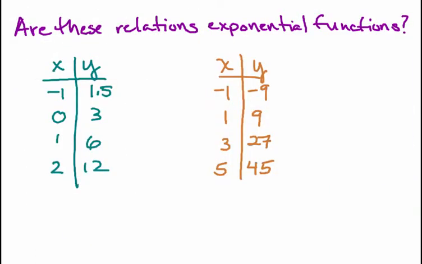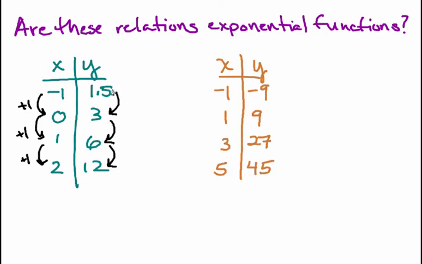Let's look at 2 relations now and determine whether or not they are exponential functions. The first thing we need to check is whether there is a common difference between the x values. So here in our first example, there is a common difference of +1 each time. If there's a common difference on the left, we can check for a common ratio on the right. Remember that we're looking for a multiplicative relationship.